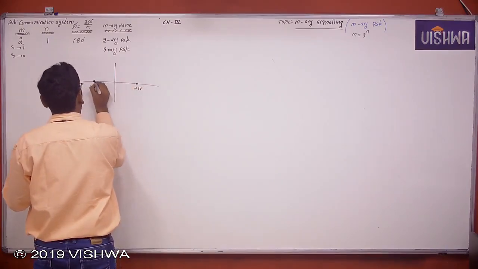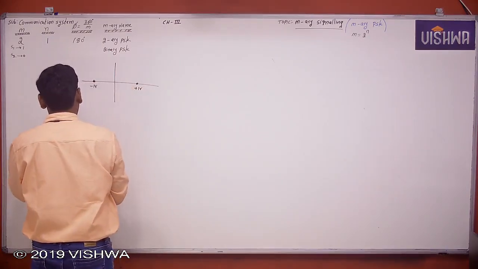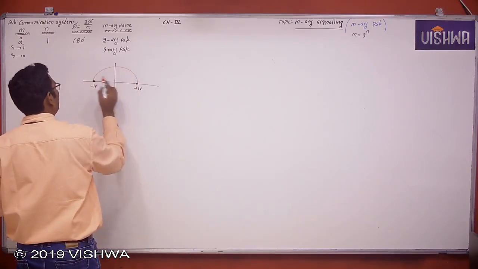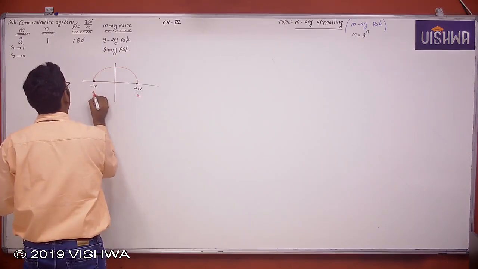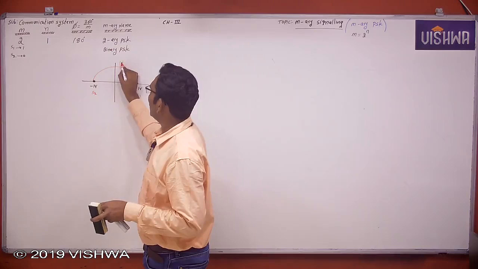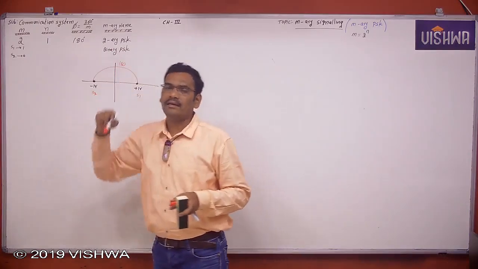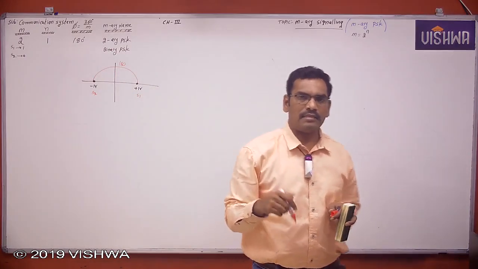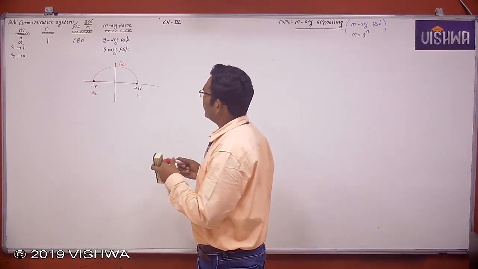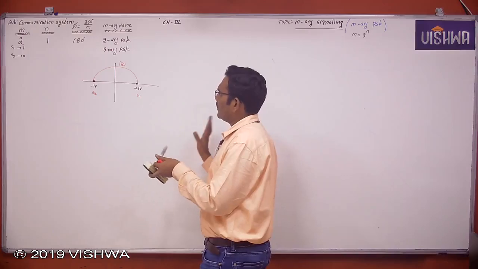The distance from the origin to the symbol is called magnitude. What is the phase difference between these two symbols, symbol S1 and symbol S2? It is 180 degrees. You will get the same answers you already got in your binary PSK class. So this is the binary PSK, which is matching.